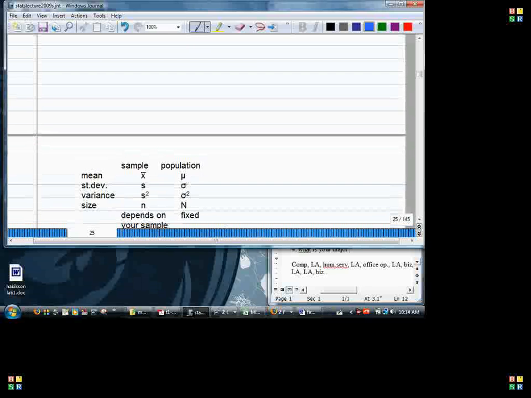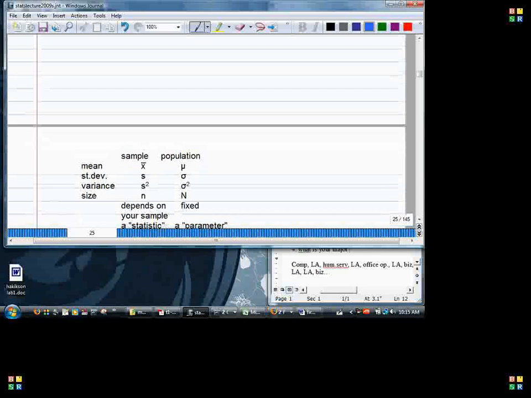So all of these values for the population, think of those as fixed. Those are facts. However, when you calculate these values for your sample, notice that it depends on your sample. Hopefully you have a good sample, right? But it does depend upon your sample. So when you get one of these values from the population, it's called a parameter.